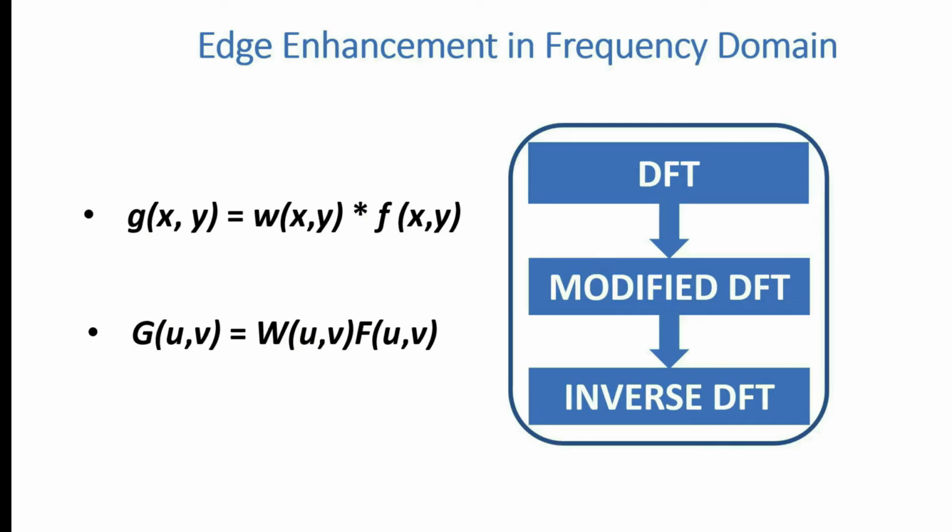Therefore, enhancement can be achieved directly in the frequency domain by a pixel-by-pixel multiplication between the discrete Fourier transform of the input image and the discrete Fourier transform of the kernel, and forming the enhanced image with the inverse Fourier transform of the product, or simply by following these three key steps.